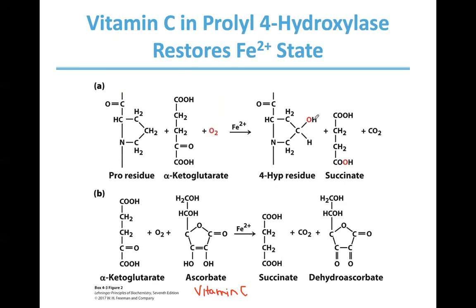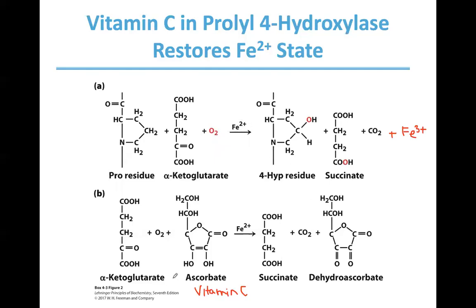So basically this carbon here undergoes oxidation with the insertion of the hydroxy group. Ketoglutarate is reduced to succinate. And one thing that we need to show, which is not shown, is oxidation of iron to iron 3+. But for this reaction, we need iron 2+, right?